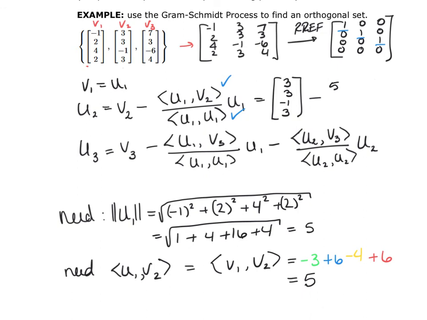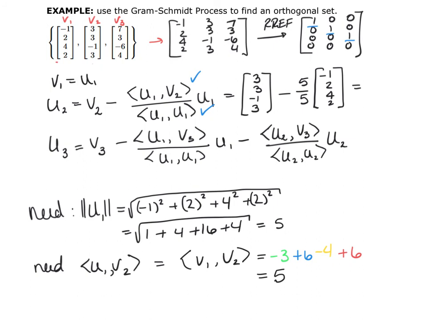So this is going to be 5 over 5, because that's the modulus of U1. And then it's going to be multiplied by my U1, which is my V1, in other words, my first vector: -1, 2, 4, and 2. When I do this, I'm going to find my U2. So remember, 5 over 5 is 1, so I don't have to worry about that.